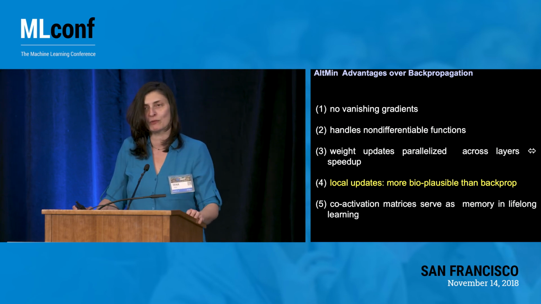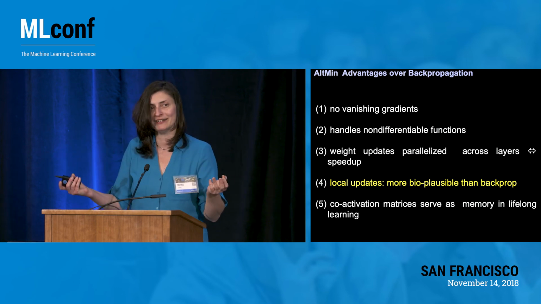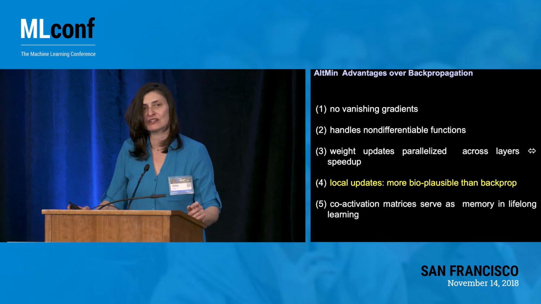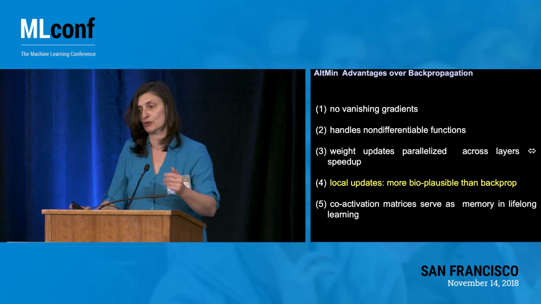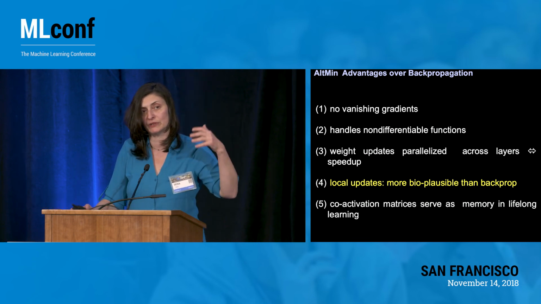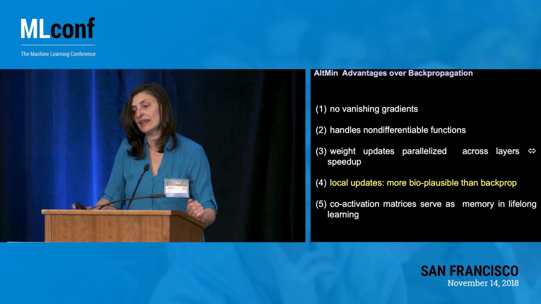So you don't have the problem of vanishing gradients anymore, because the chain of gradients is now broken and only local optimization is left. Non-differentiable functions might be treated in an easier way, again because of local optimization. And not just us, people have shown in the past several years that alternating minimization methods allow you to perform weight updates in parallel, so you can gain some speed here.